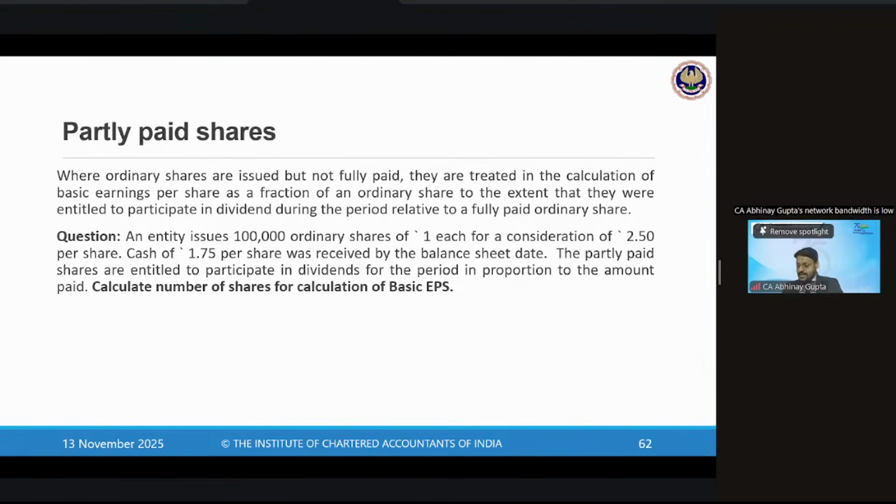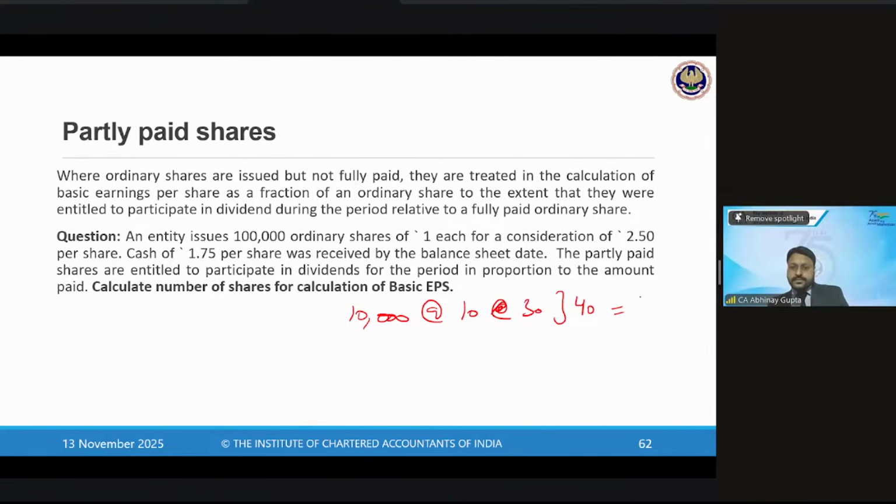Sometimes the company issues shares, say 10,000 shares at the rate of face value of rupees 10 each, at a premium of 30. So the total money the company will be receiving is how much? 40 per share. So ideally, how much money should the company have received? 4 lakh.